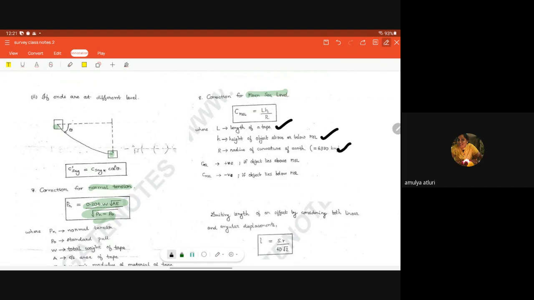In the first class, I told you, if R, the radius of curvature of Earth, is not given, then we need to take 6370 kilometers. C MSL is positive if the object lies above the mean sea level. If my object lies below the mean sea level, then my correction is negative.